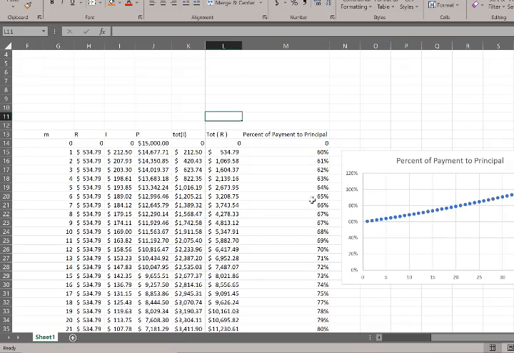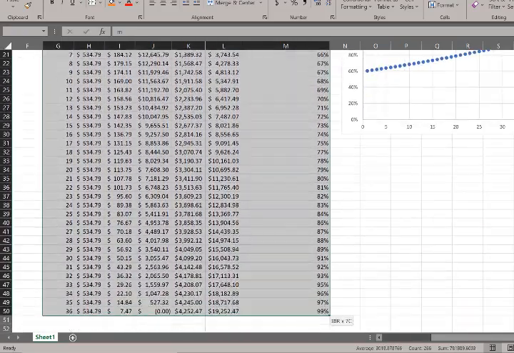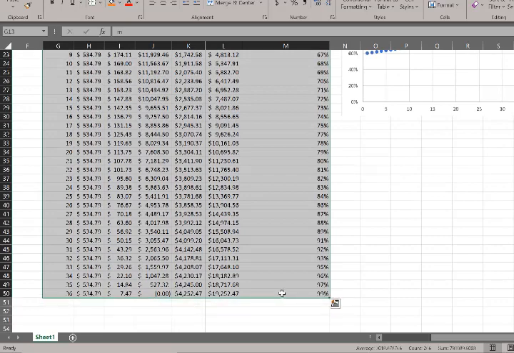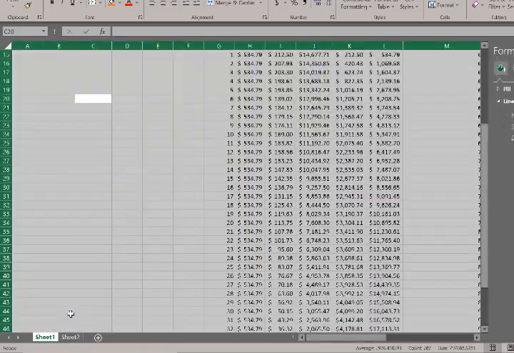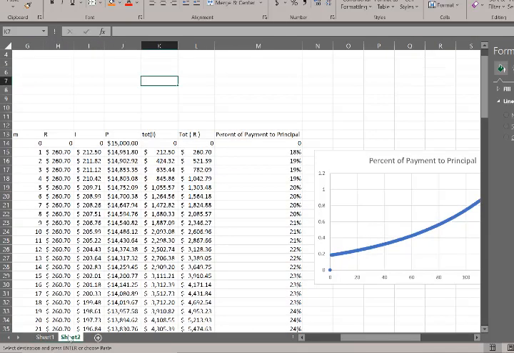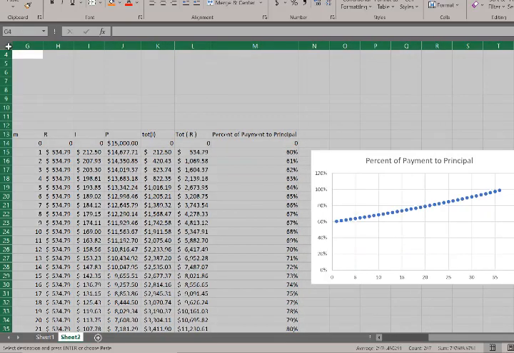Let's go ahead and see how this plays out if we have more payments, right? A longer term. So we're going to go ahead and Control C and move this over to the next sheet so we can run another scenario.